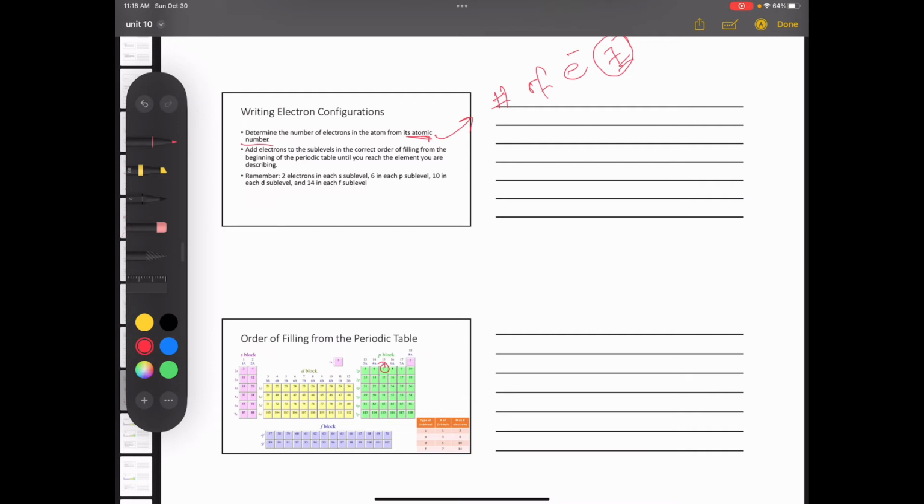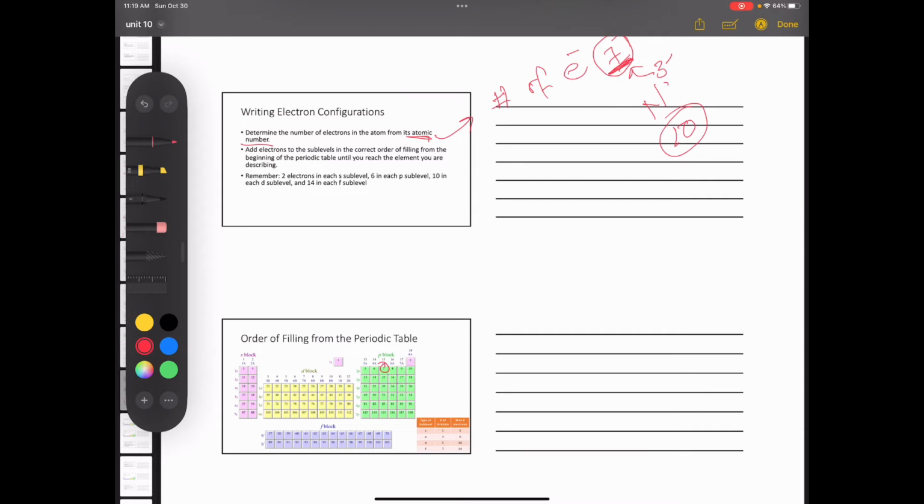Okay, now what we also need to factor in is that sometimes we might be writing electron configurations for cations and anions. So if we are talking about, for example, the electron configuration for nitrogen 3 negative, that means 7 electrons from the periodic table based on the number of protons, and then you'll have to add the other 3 electrons, so that makes it 10 electrons total, right?